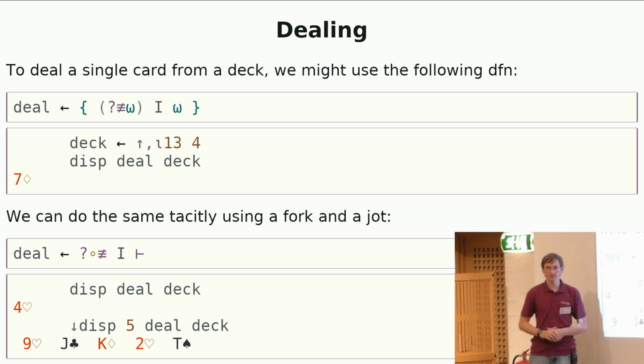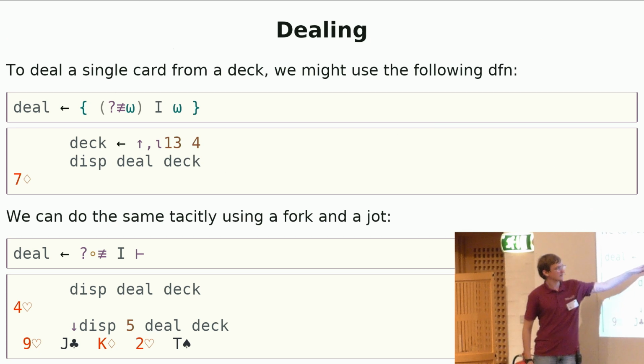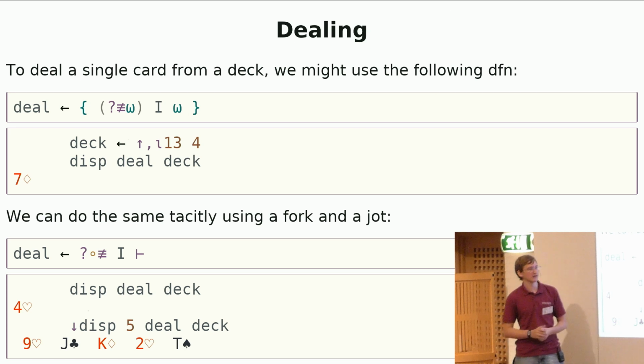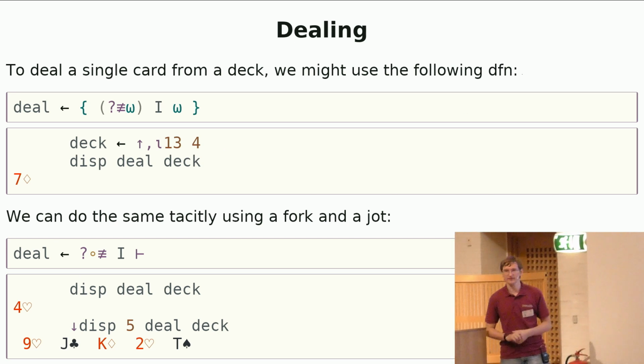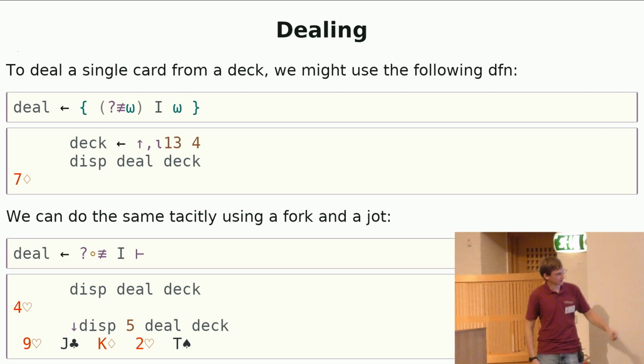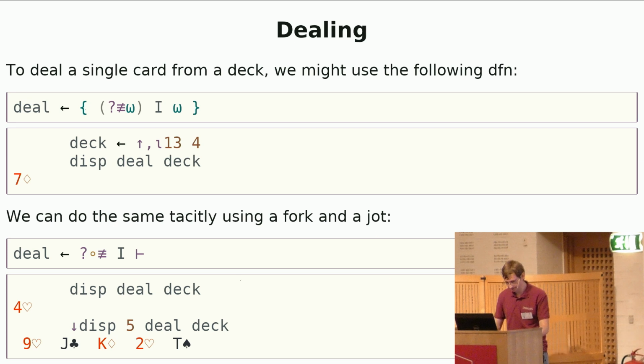Second, the particular composition I'm using here allows me to apply this right operand only to the right argument and the left operand ambivalently. Third, I've used the right identity function. There's 2 identity functions, and they're both the same monadically and different dyadically. Usually we use the right one because it's more useful in a dyadic context to have the right argument. So all these things together allow me to have this function that's useful either with or without a left argument.